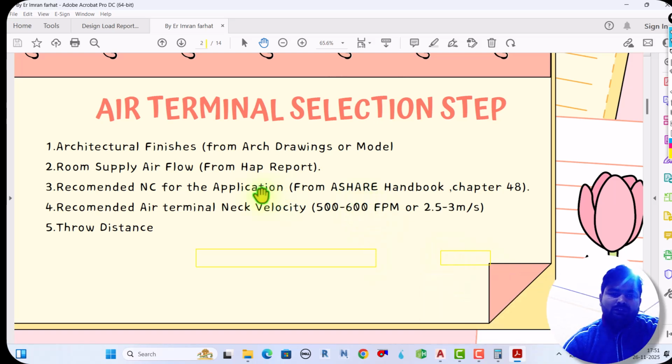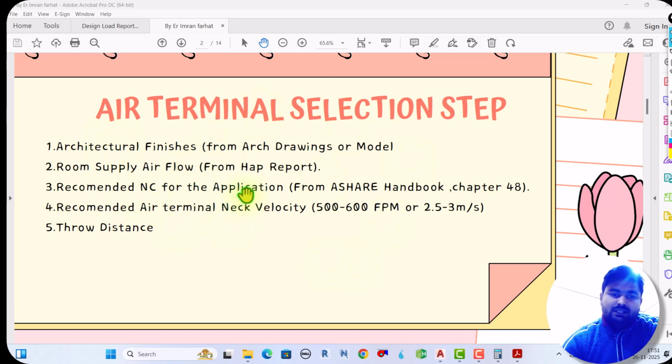Okay, and after that throw distance, this is very important while placing the air terminal. I will show you in next lecture. So these 5 data are very important for selecting the terminal. I already show you about all these details.